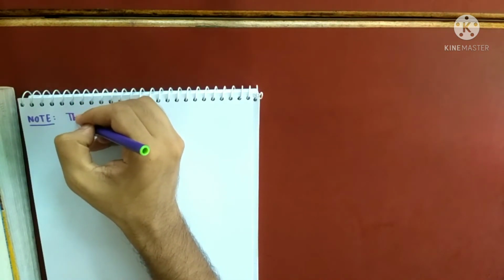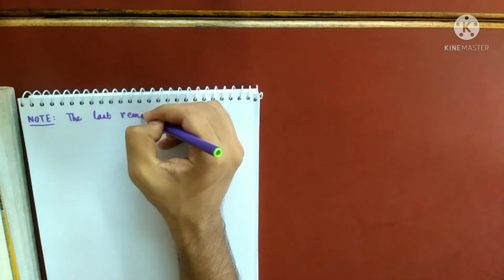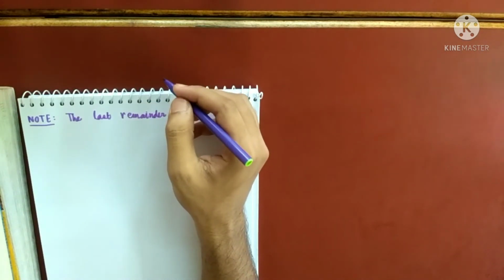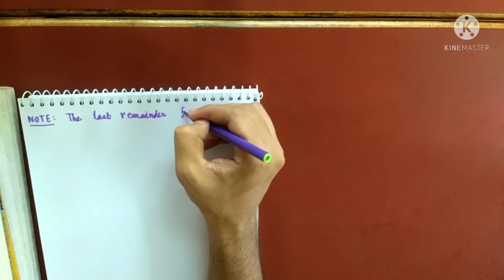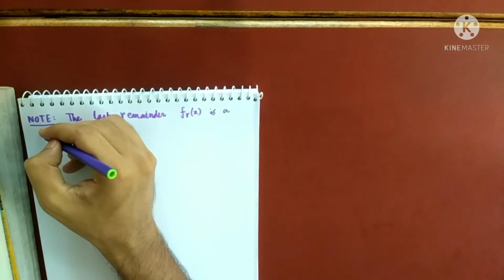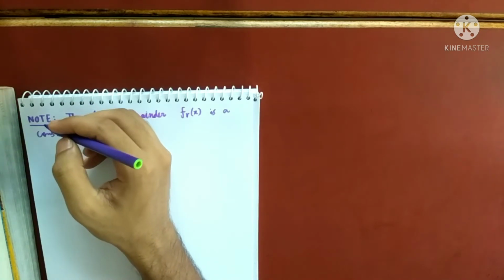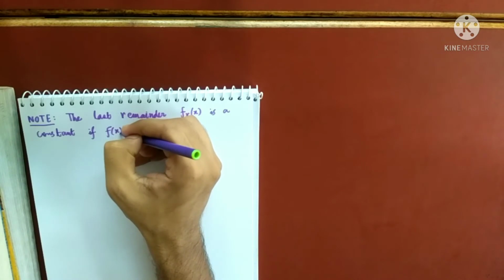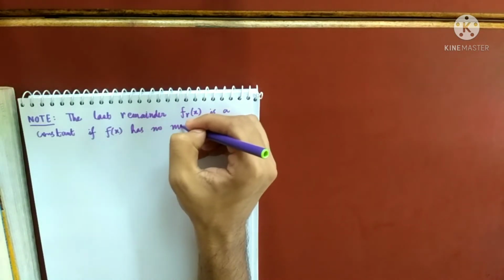So the last remainder, this will be required when we do some sums, to notice a few things. The last remainder fr(x) is a constant if f(x) has no multiple roots.